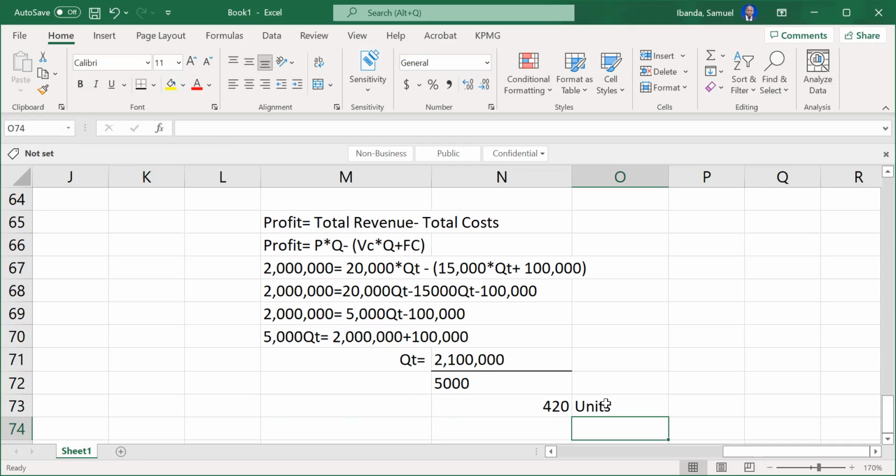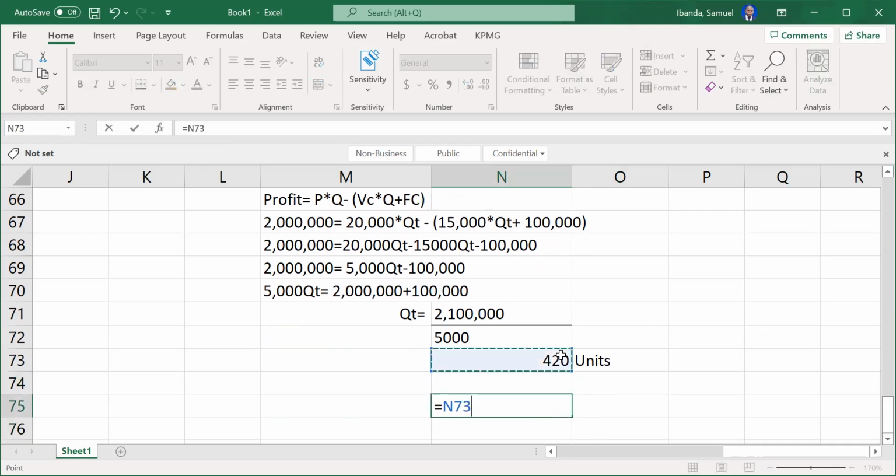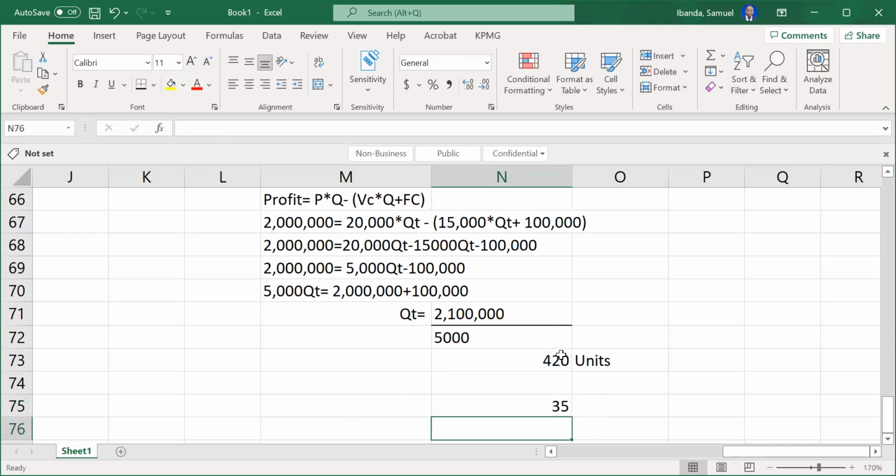If it is to attain its target of making 2 million as a profit, it has to sell 420 shirts in the year. In case they have uniform monthly sales, this divided by 12 means that these guys have to sell over 35 shirts in every month if they are to make that target profit.